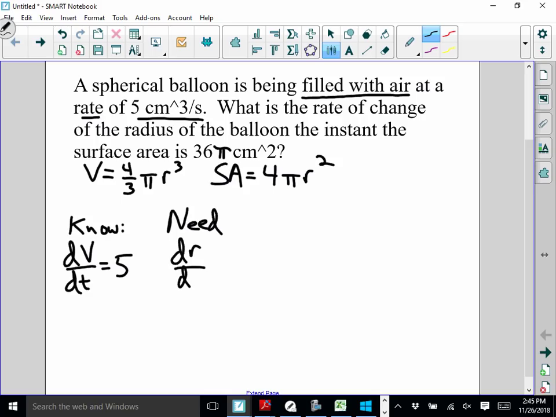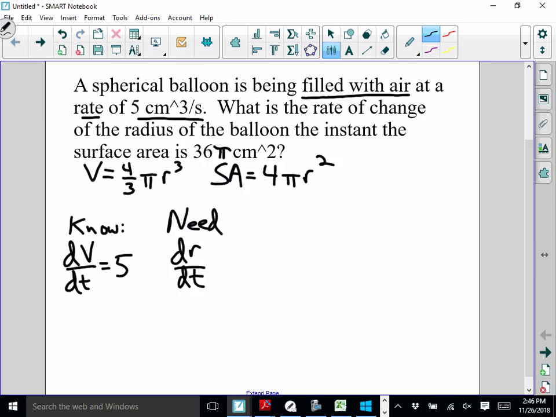But it says, what is the rate of change of the radius of the balloon the instant the surface area is 36 pi? Okay, so that goes in my know column. So it's 36 pi centimeters squared. Is that dS/dt, or dV/dt, or dr/dt? Or is it the surface area, the volume, or the radius? That right there is simply the surface area.